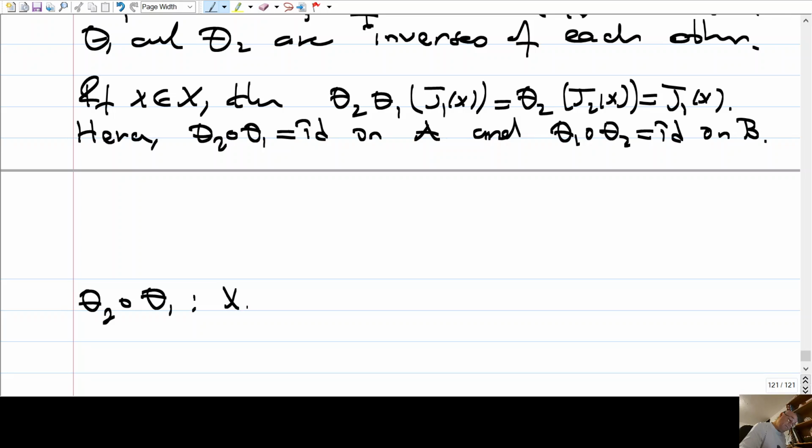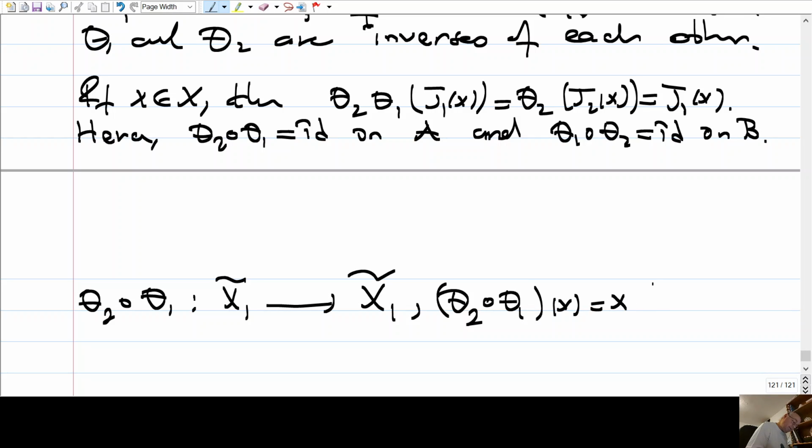This is a map from x1 tilde into x1 tilde, and this map is identity on A. So this is equal to x for all x in A. Then we have what?